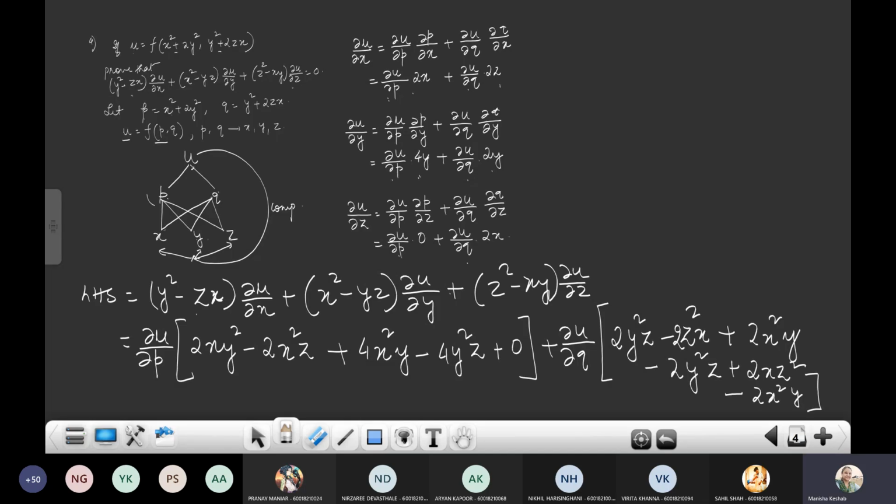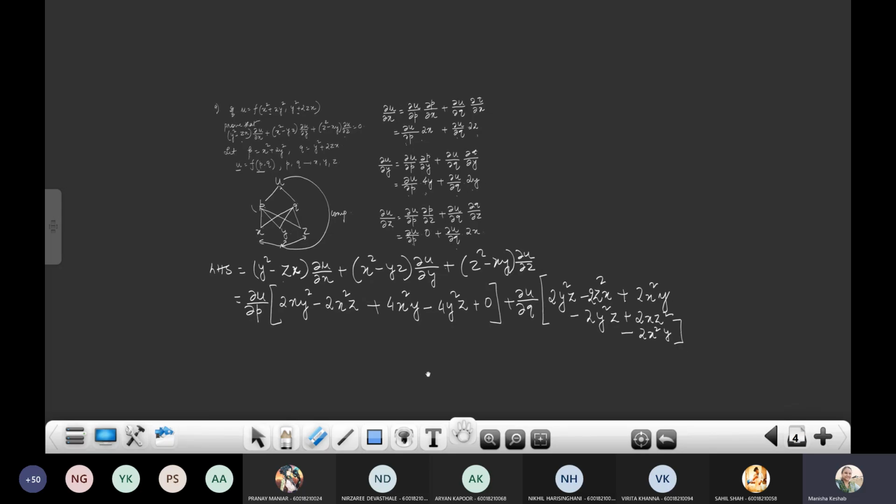Okay, so now you can see, for ∂u/∂x, it should come as 0.